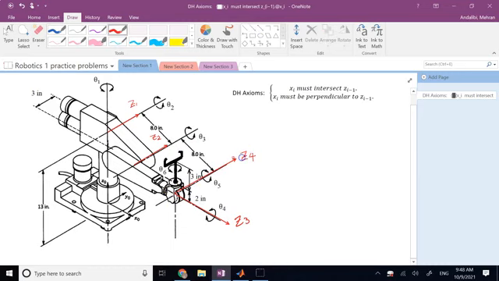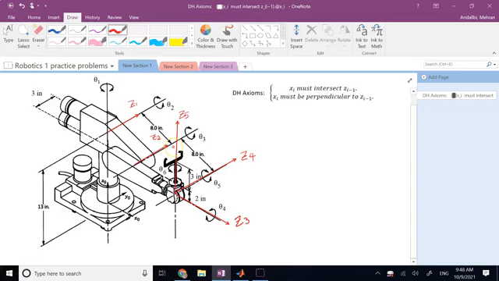Z5 is for theta 6, so it is going to be upward. And Z6, which is for end effector.